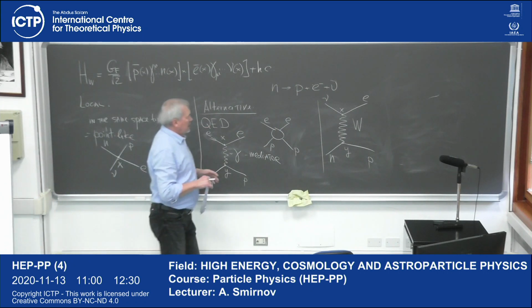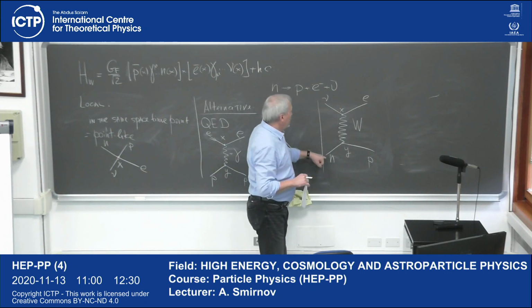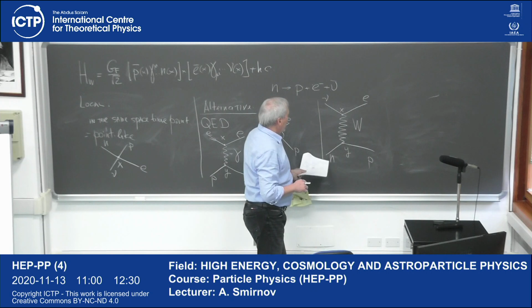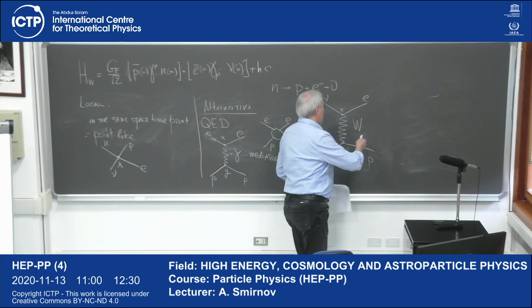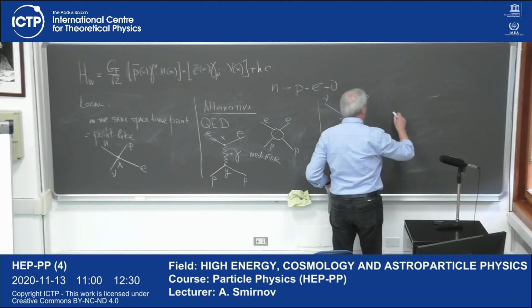I have written this kind of diagram for scattering of neutrinos on neutrons, but just from the algebra of the process, that corresponds also to neutron decay.